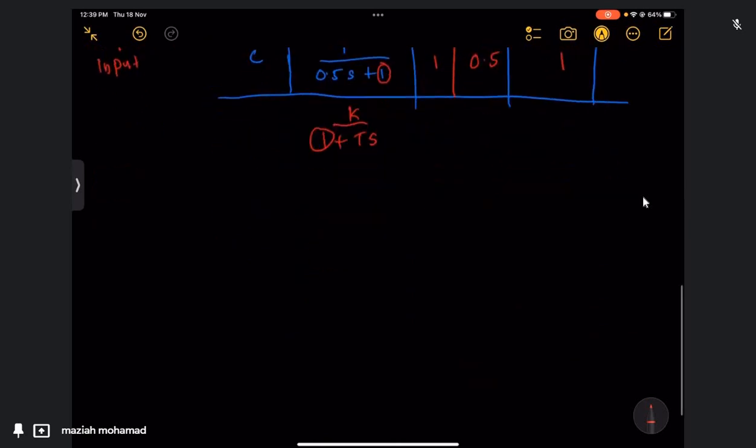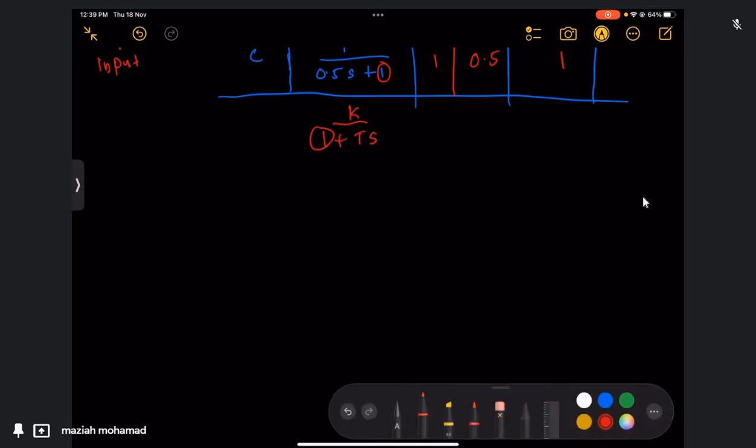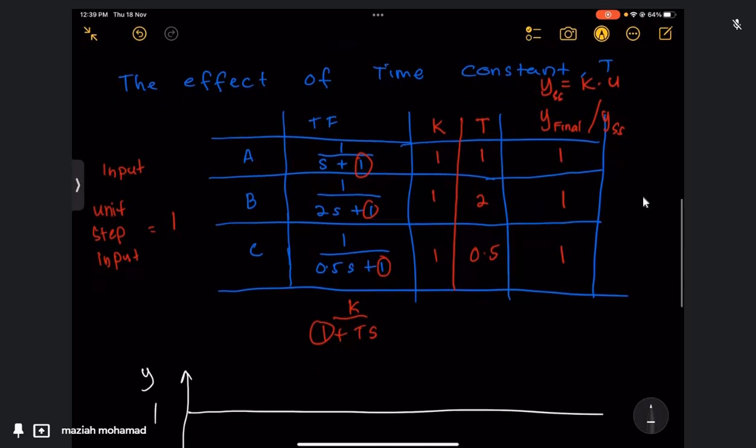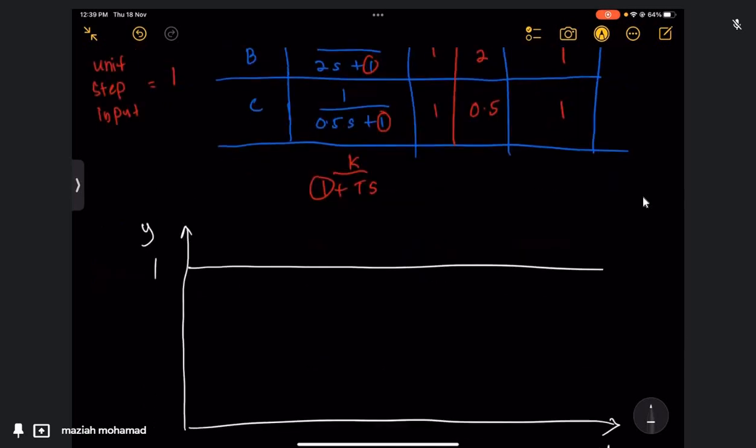So let's plot Y, and we know that we reach 1. For system A, the time constant is 1, so it will reach 0.63, because 63.2% of 1 is 0.632.